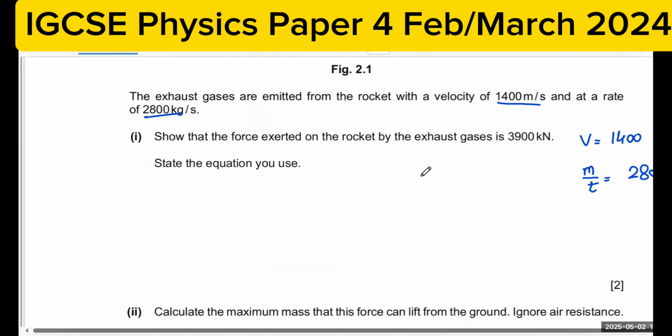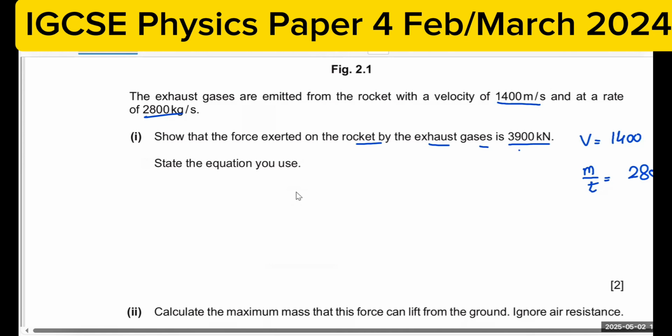So what we'll find, show that the force exerted on the rocket by the exhaust gases is, we have to prove it. So state the equation you can use. So you have to write the equation as well. We know that impulse is equal to change in momentum, and change in momentum is equal to mass times velocity.